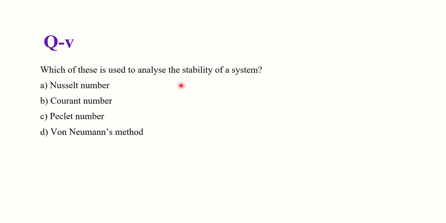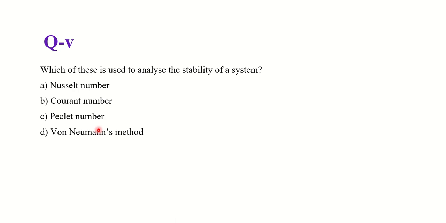Which of these is used to analyze the stability of a system? Nusselt number, Courant number, Peclet number, von Neumann's method. The method that is used to analyze the stability is known as von Neumann's method, where we use a technique in which the numerical solution is the exact solution plus the error.